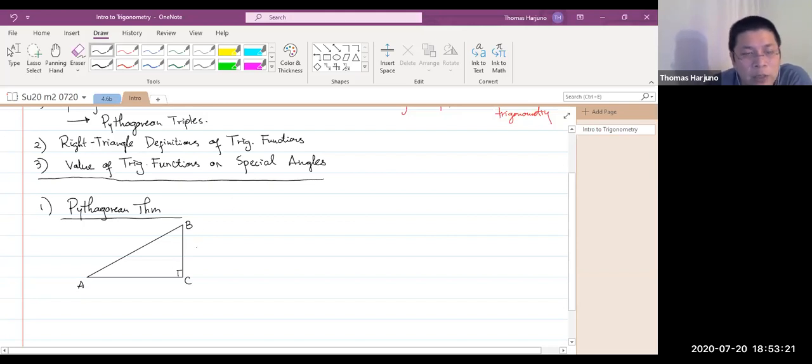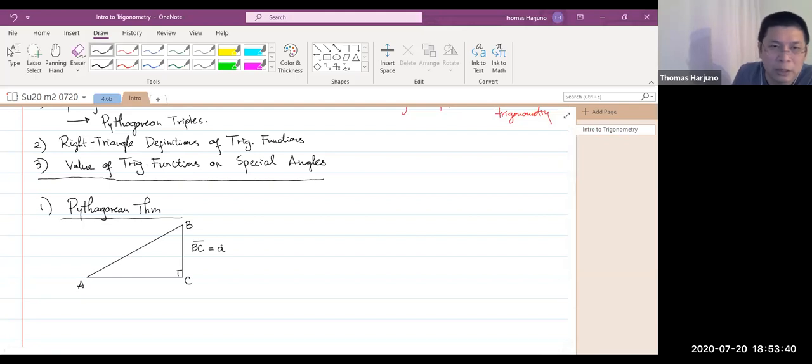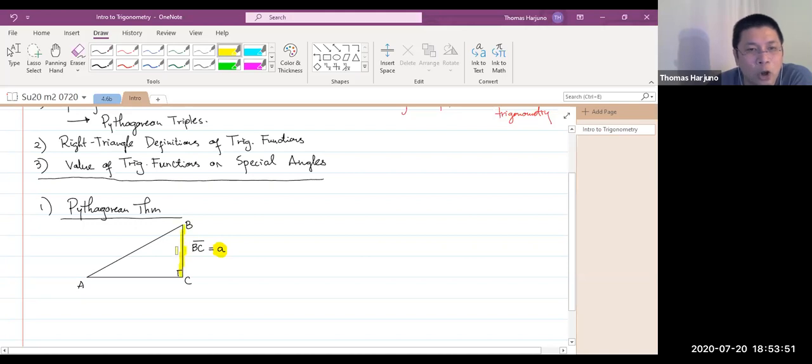The way we name the sides: this segment here, we call it segment BC, because it has endpoints B and C. But from the triangle point of view, this side is the side opposite of angle A, opposite of vertex A. So this side is named after that vertex, but using lowercase.